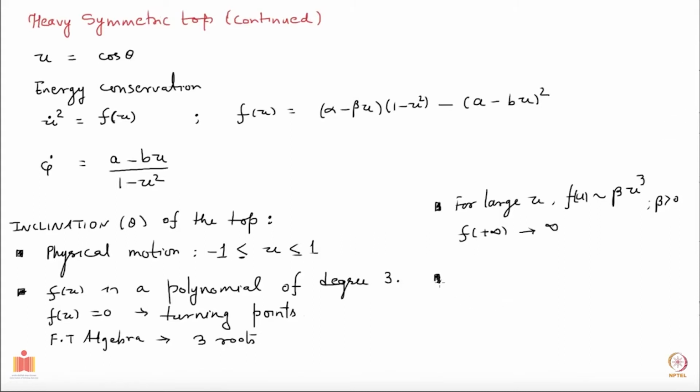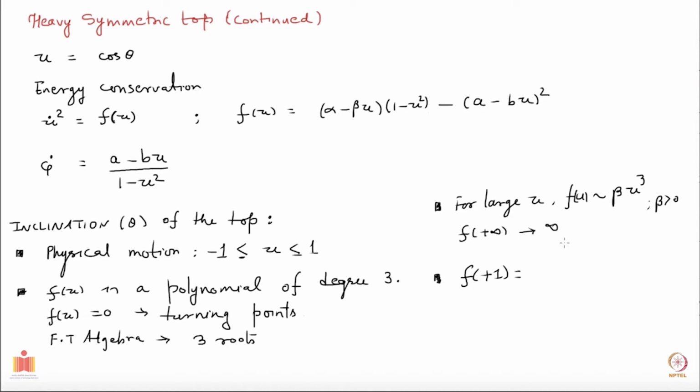Second, let's evaluate what values f takes at the boundaries of the physical region. The physical region is bounded between -1 and 1. If you evaluate f of +1, or even f of -1, u square is 1, so the first term goes away, giving 0, and only the second term contributes.